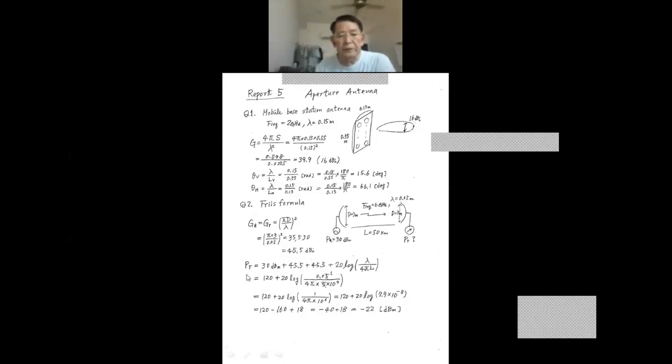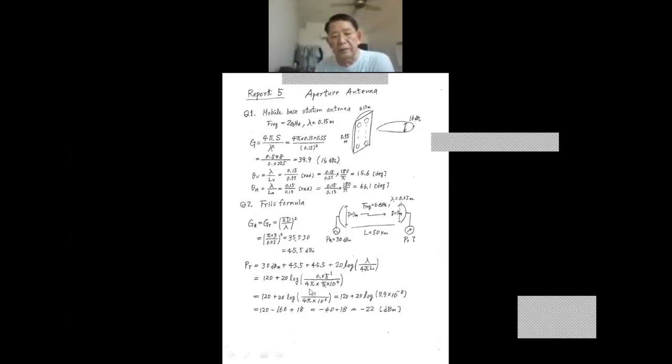So putting this data in the Friis formula, received power is transmit power 30 dBm plus 2 antenna, transmit and receive antenna gain, plus this space loss, 20 log lambda divided by 4 pi distance.